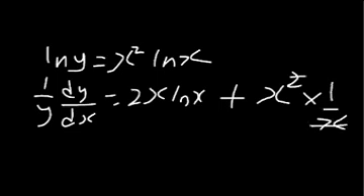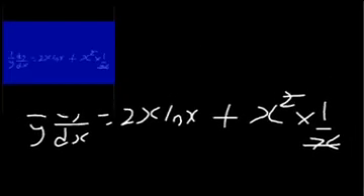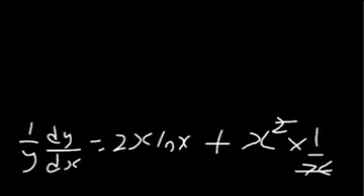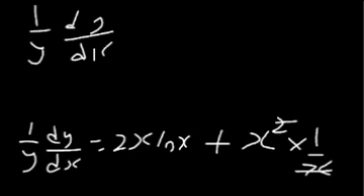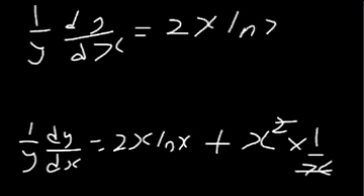So this cancels this, and you are left with only x. So we have 1 over y dy over dx equals 2x ln x plus x.